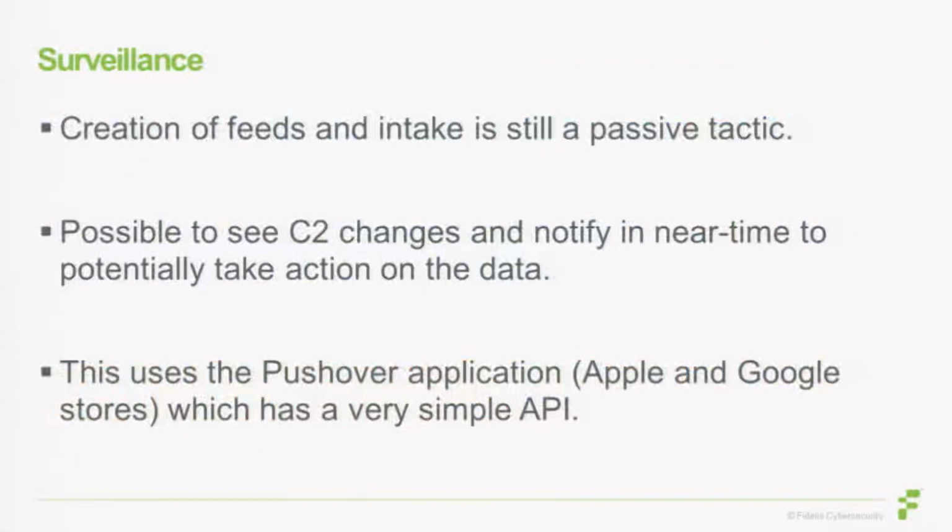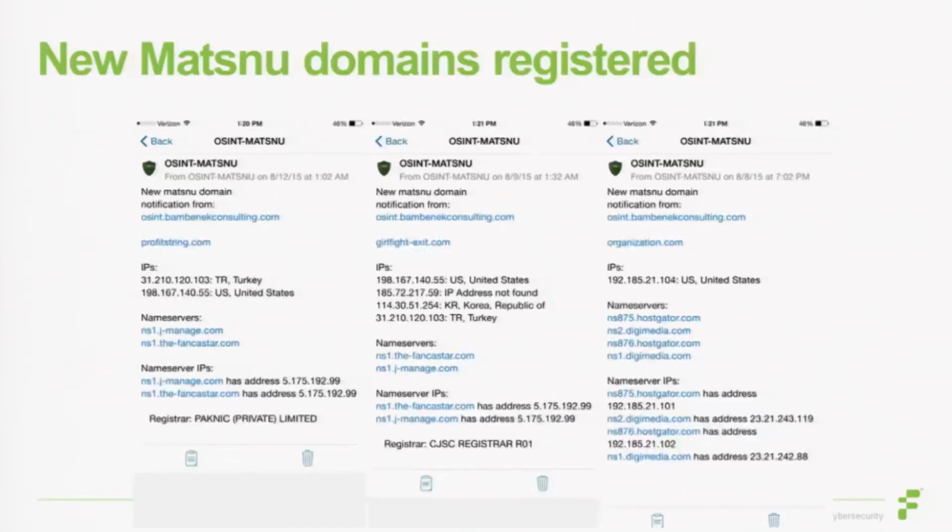I use a little app called Pushover, which is essentially a push app available for Apple and Android phones with a simple API that I call anytime a new domain in a DGA shows up. I push a notification to my phone with some details, which is what you see behind me. So this is an example of 3 MATSNU domains. MATSNU is a word list DGA.